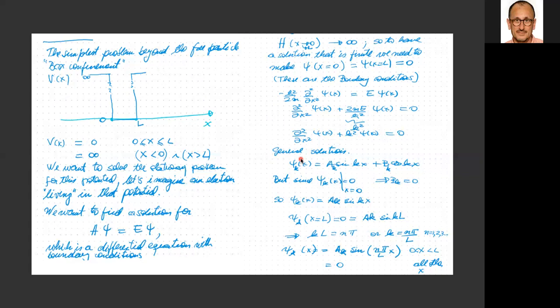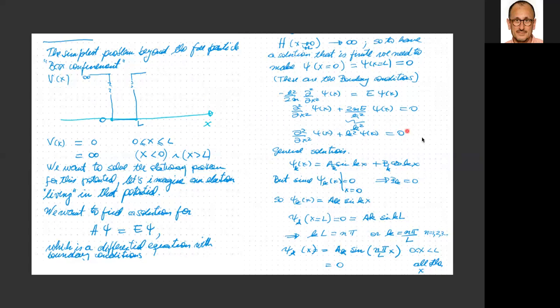So the actual solution to this equation is simply a linear combination of sines and cosines, or complex exponentials, whatever you want to put in there. A linear combination of complex exponentials is a sine and a cosine. So for the time being I opted to take the real part of it.